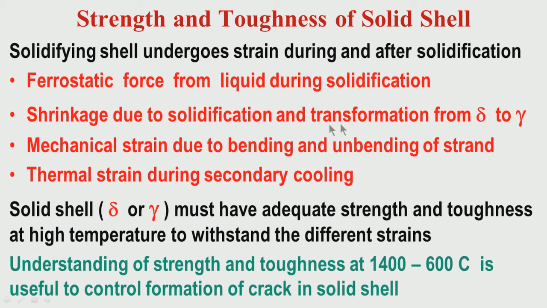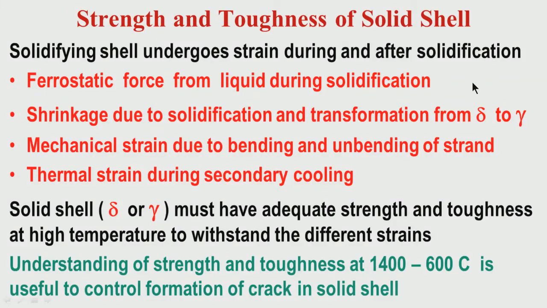Now I have mentioned this delta to gamma, there is a possibility of transformation for certain chemistry. Whenever delta is initially forming, this delta is finally transforming to gamma at low temperature. Now, this delta to gamma transformation may take place during solidification, or below the solidus, or there may not be a delta to gamma transformation at all, because if there is gamma solidification, there is no delta formation.